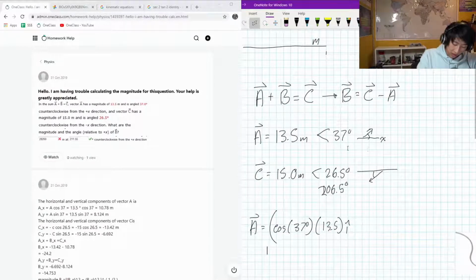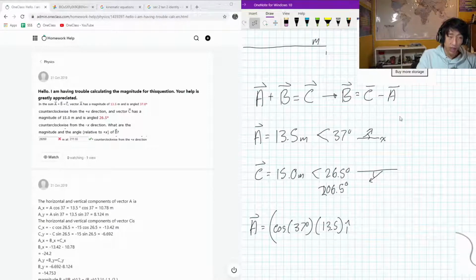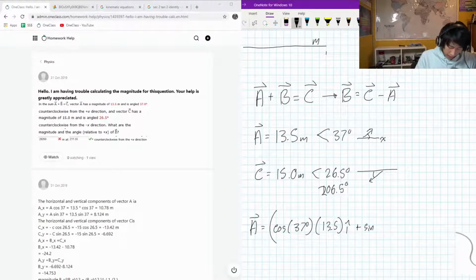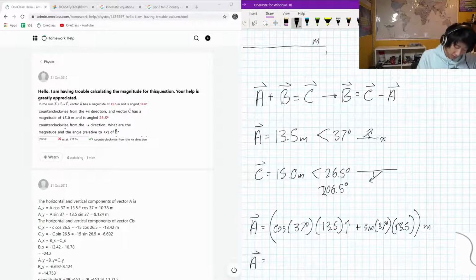And in the J direction, it's also going to be positive. It's going up towards the upper right, so it's going to be sine. Okay, so this is going to be plus sine 37 degrees times 13.5, all meters. And to get numerical values for this, let's calculate that ASAP fast.